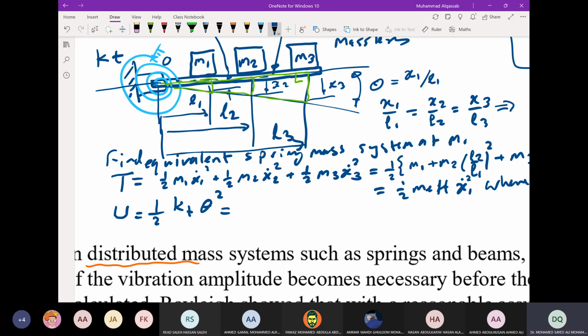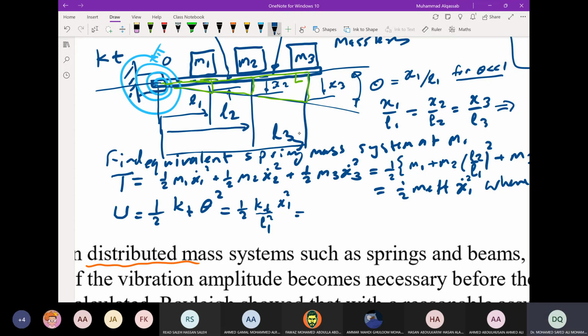Okay, for small theta, and this is true for theta very much smaller than that, this will be 1 over 2. This is to make the system linear. 1 over 2 kT times theta, which is x1 squared divided by L1 squared.